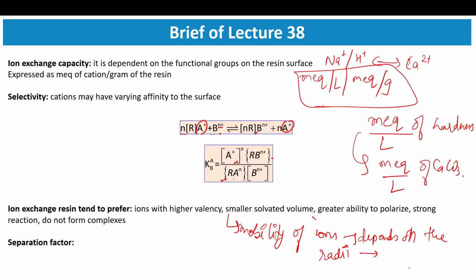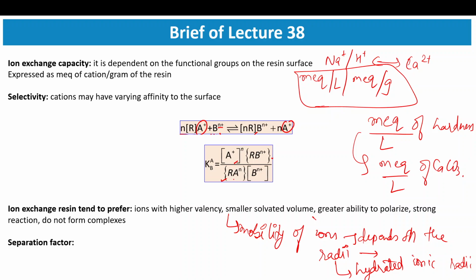If they are present in water, they will be hydrated. Any ion will be surrounded by a number of water molecules depending on the ionic radii, and that radii is known as the hydrated ionic radii. You will find literature on the hydrated ionic radii of various ions.